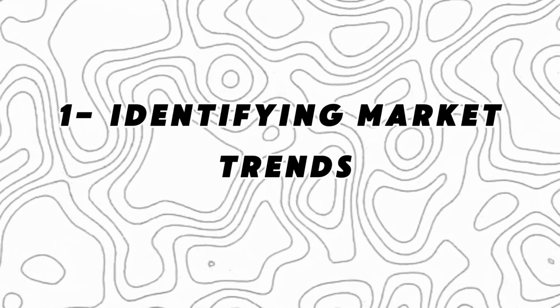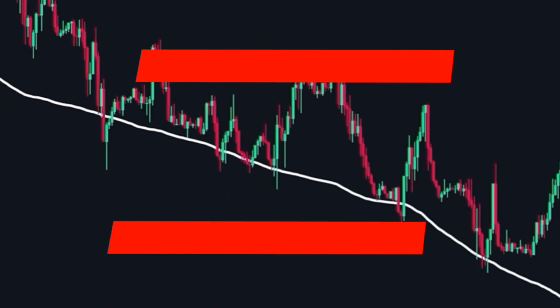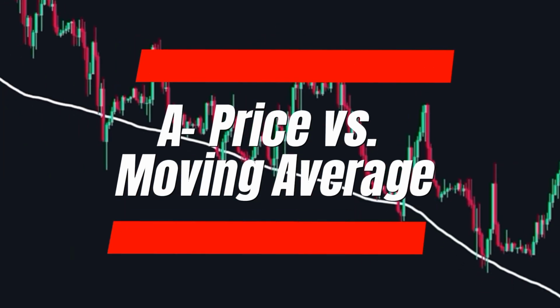Identifying market trends. Since the moving average is a trend-following indicator, its primary role is to help traders determine the market trend. There are 3 main techniques to achieve this: price versus moving average. The relationship between price and the moving average can indicate the trend direction.